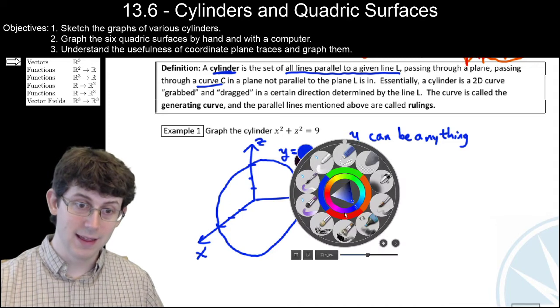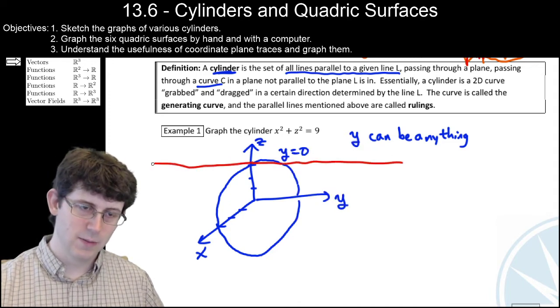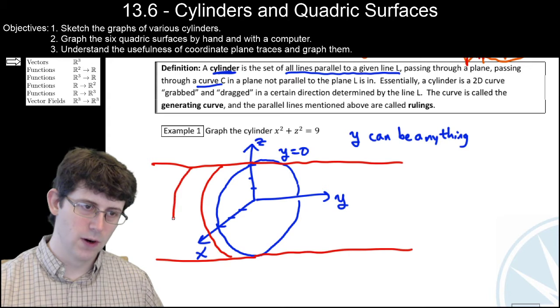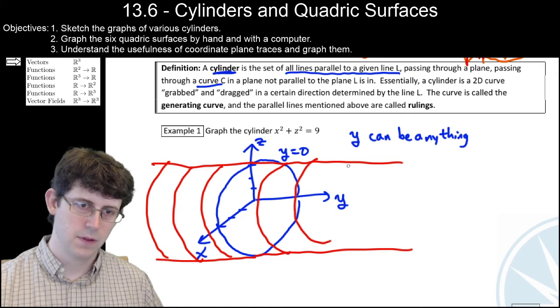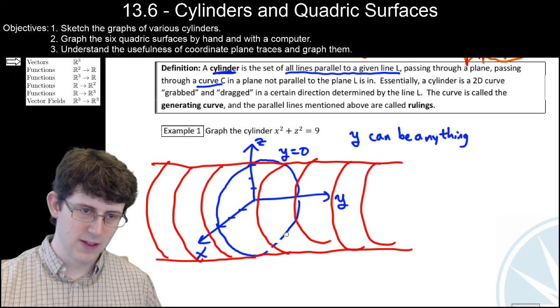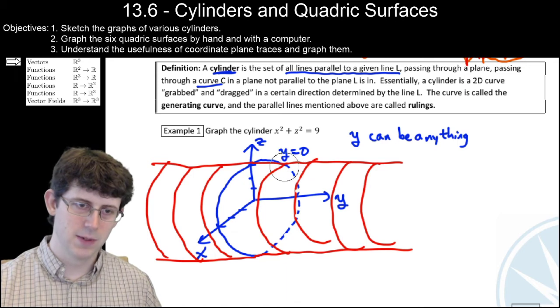Because y can be anything, you can go anywhere in the y direction and get more of these circles. This one circle that we started with, we can see now that this part is in the background and not visible.